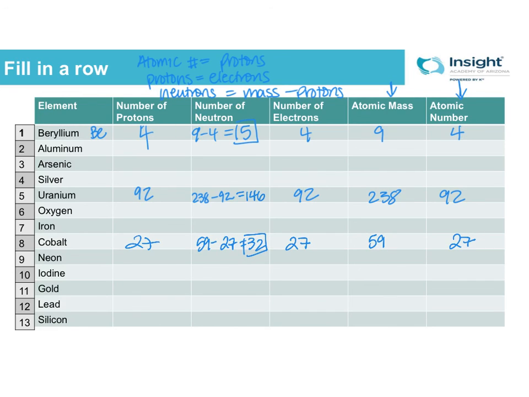And gold, which is Au, has an atomic number of 79 and a nice even mass of 197. So our atomic number tells us protons.